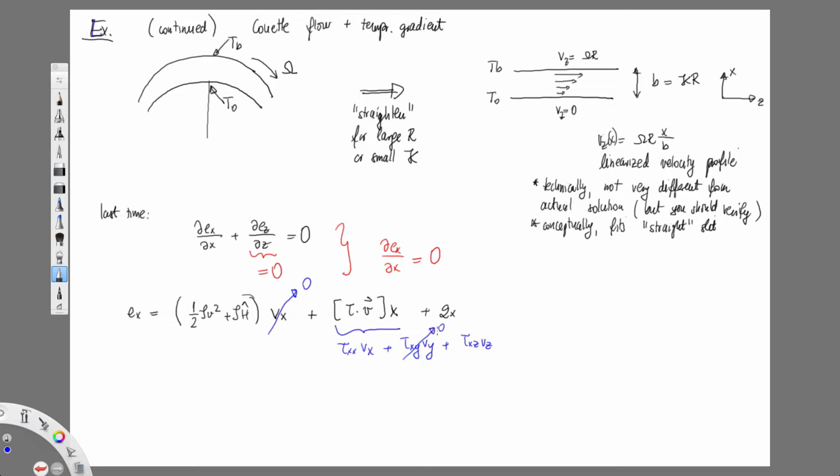So these two are 0, this is a 0, and the survivor here is tau xz Vz. Vz is non-zero, and tau xz is also non-zero because my velocity Vz depends on the x direction, so that partial derivative will not die. And what is Qx? The formula: minus k dT dx.